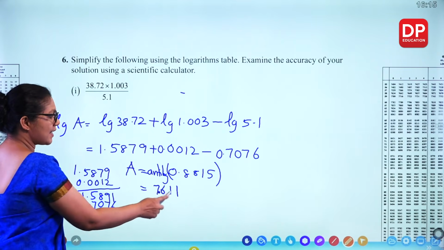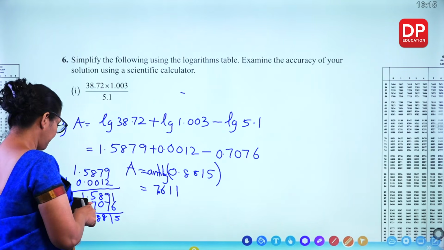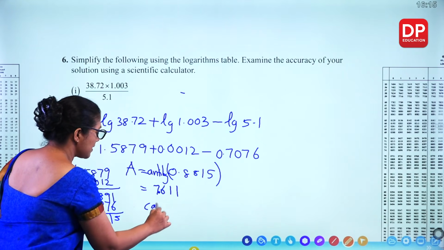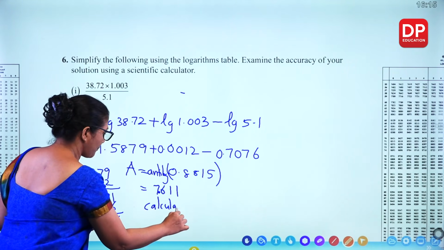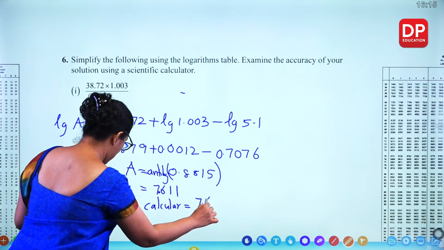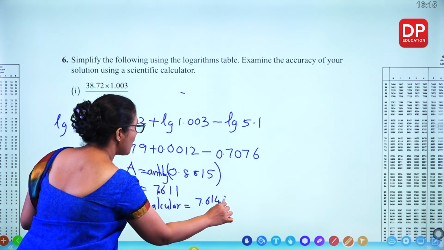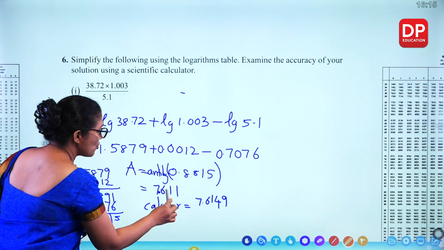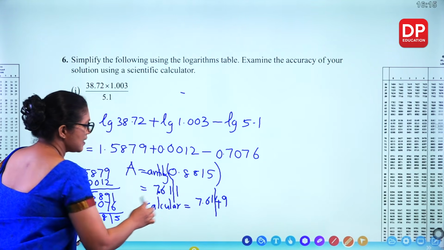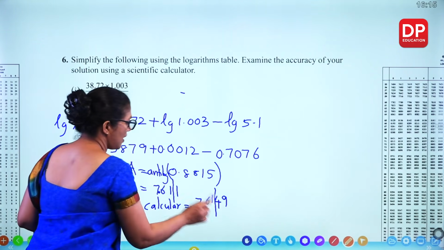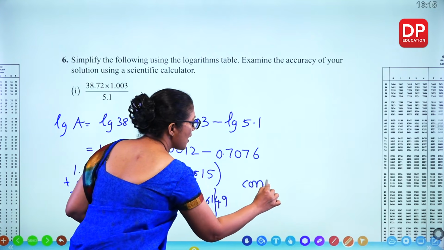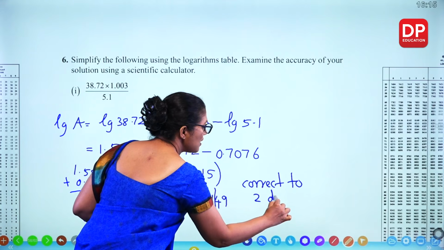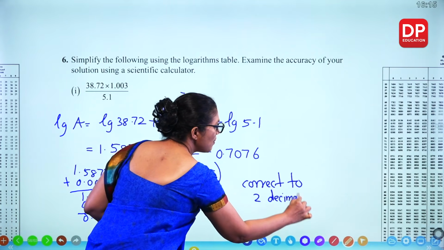Now we'll look at the calculator. The calculator answer is 7.6149. So correct to 2 decimal places, this is the correct answer. So both are the same, correct to 2 decimal places.